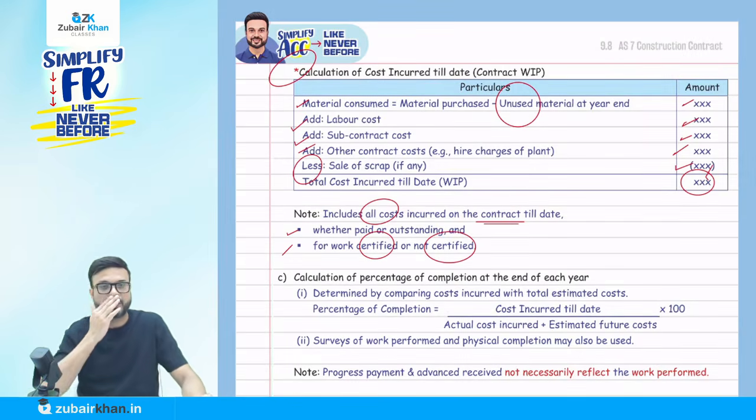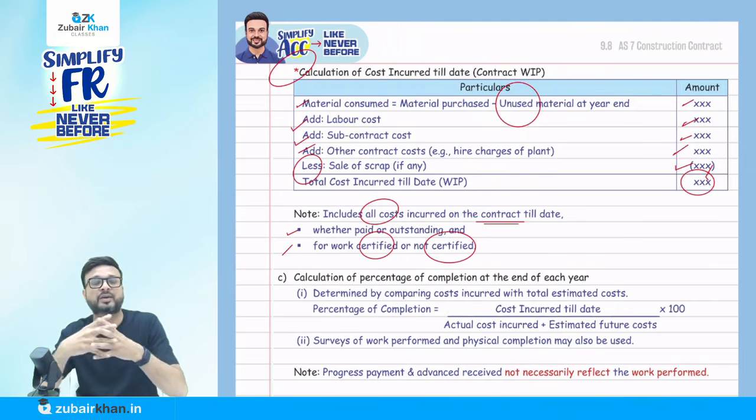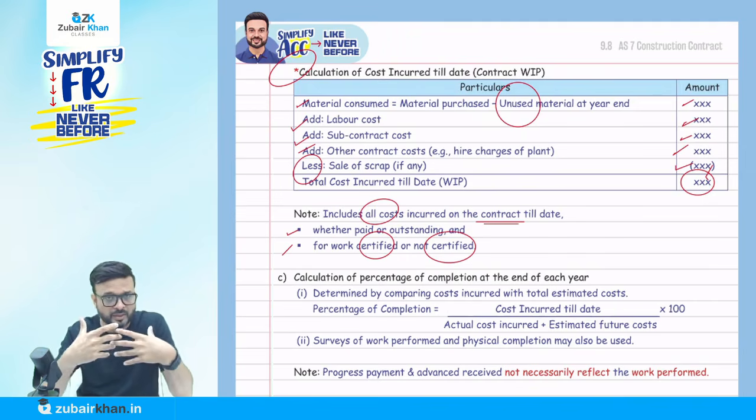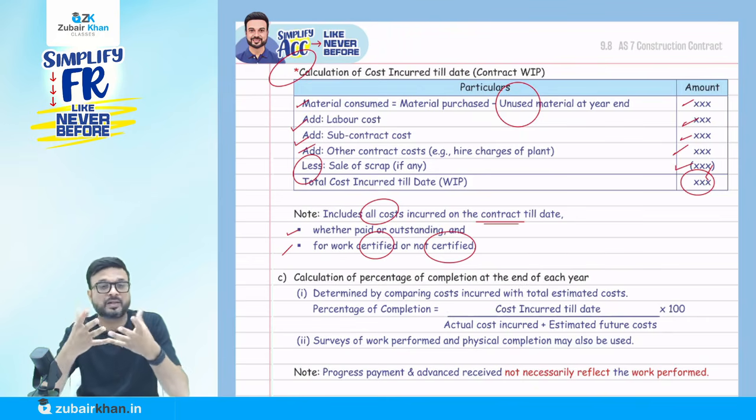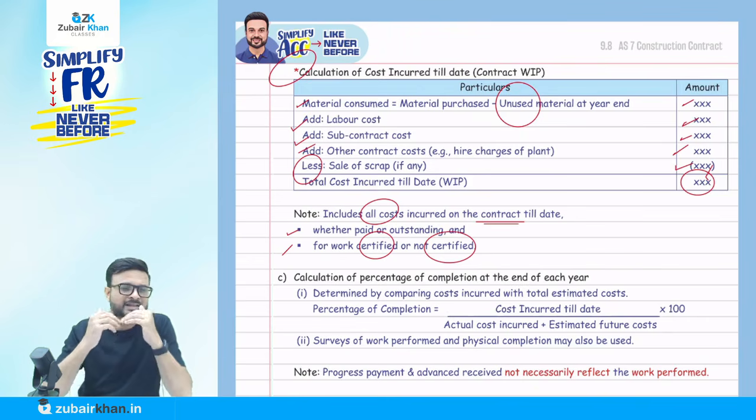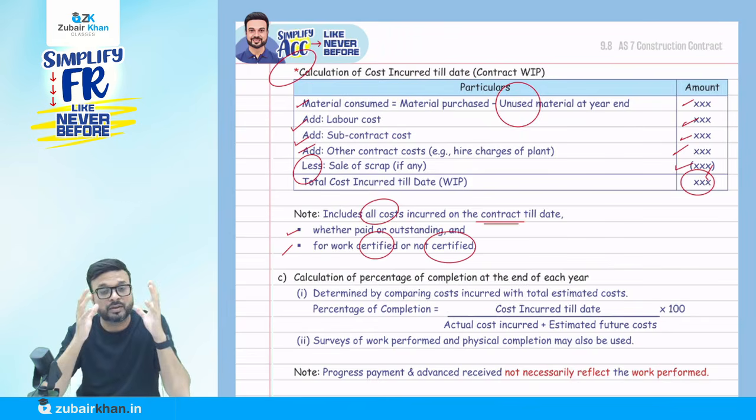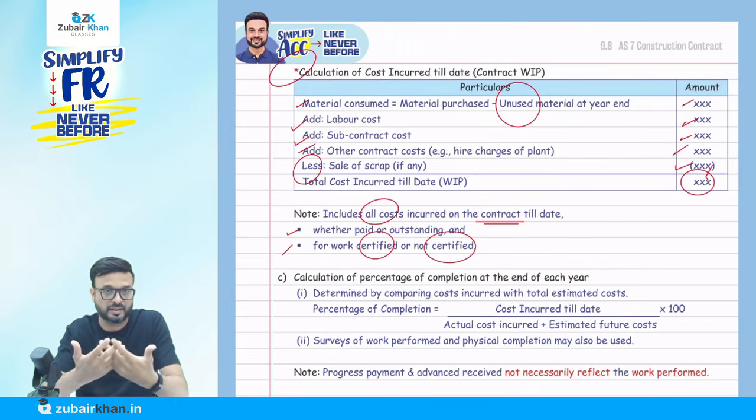You know from your costing subject what is work certified and not certified: certified by the engineer or whoever has the authority to certify the work. It doesn't matter whether the work is certified or not.